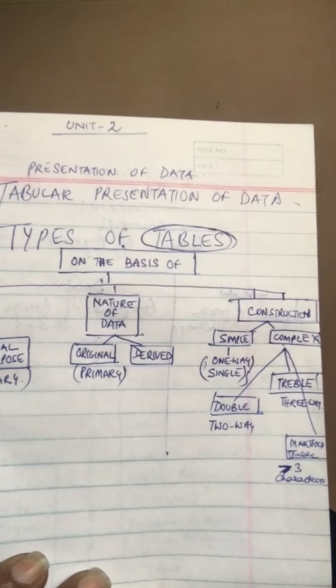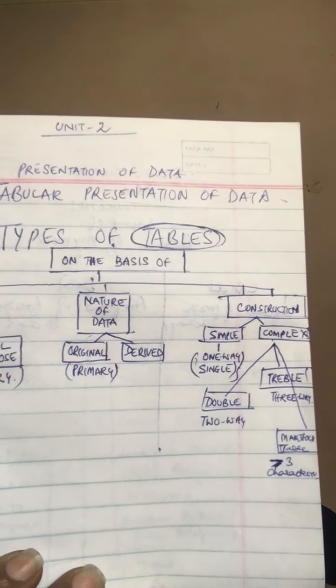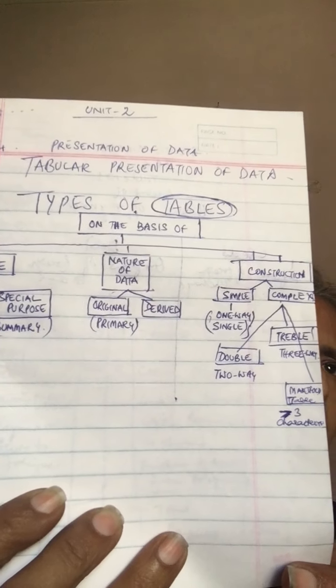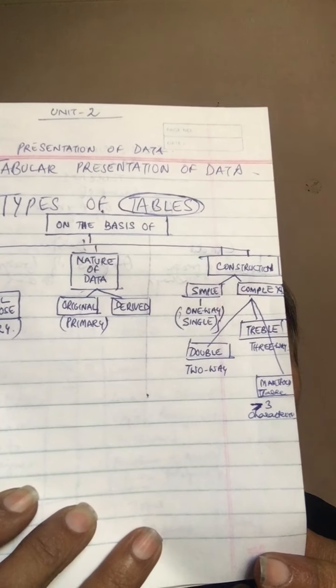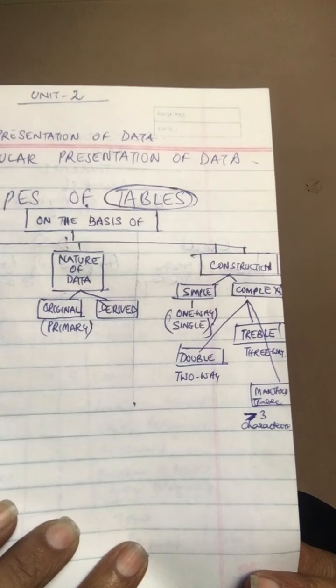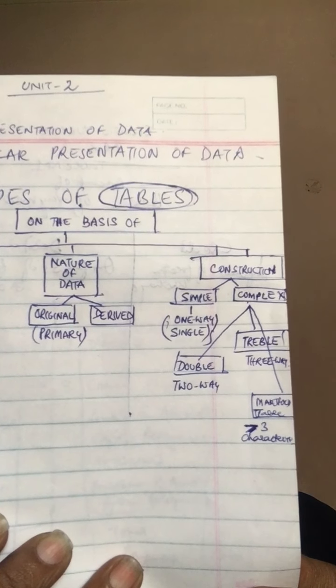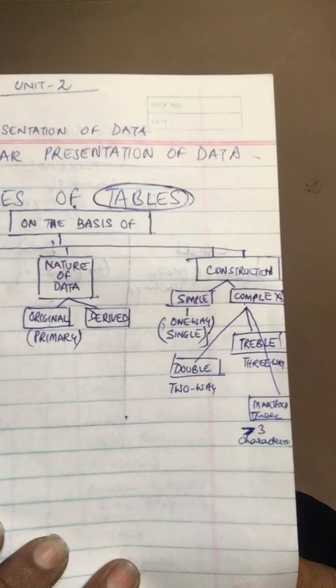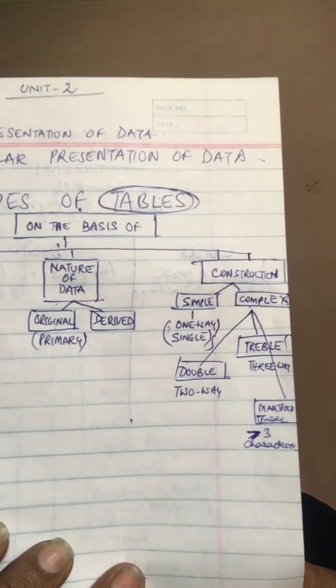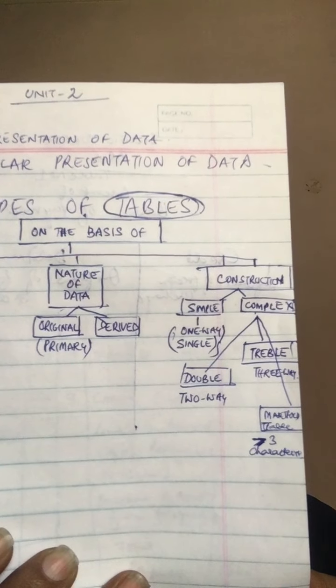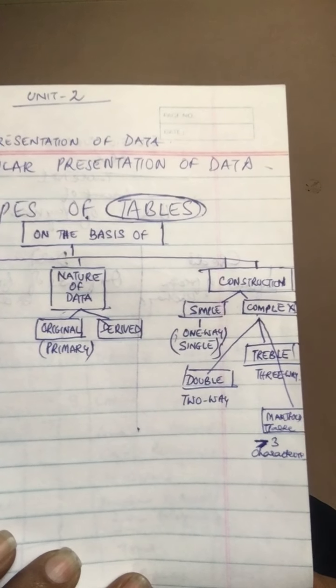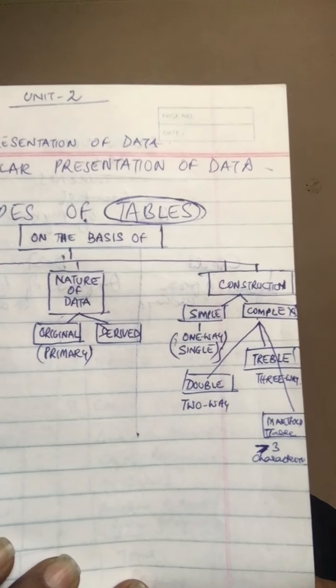So then we have nature of data. Originally if we just place the data in the original units, then it's known as the primary tables. And then we have the derived tables. Now what are the derived tables? That is when we turn them into ratios or percentage.